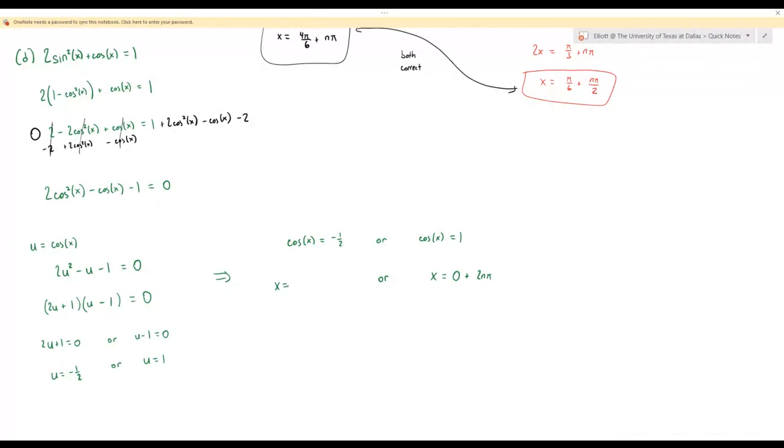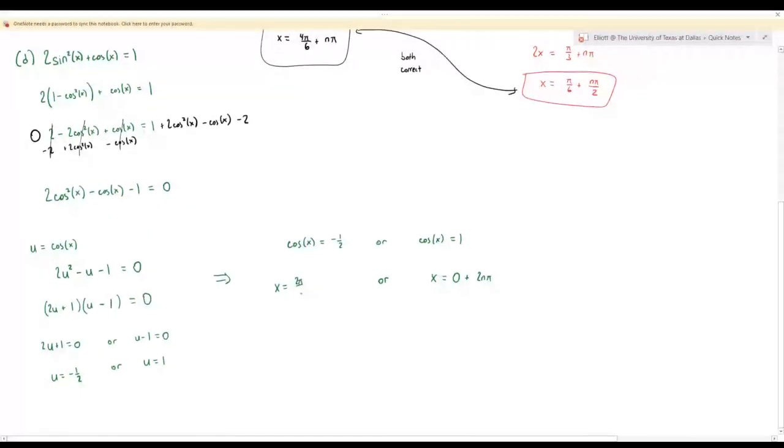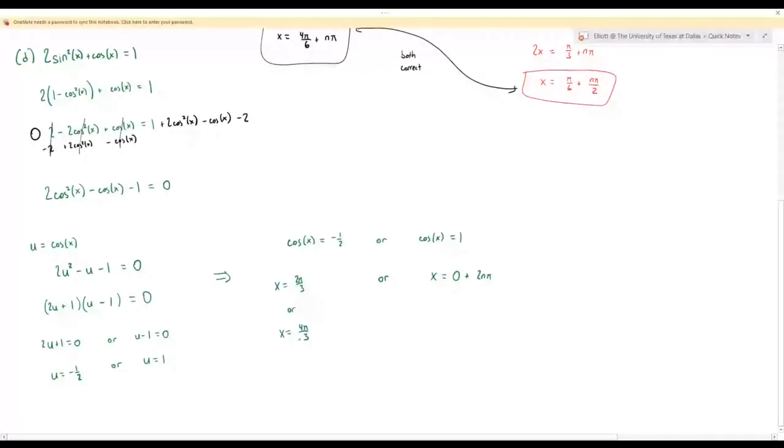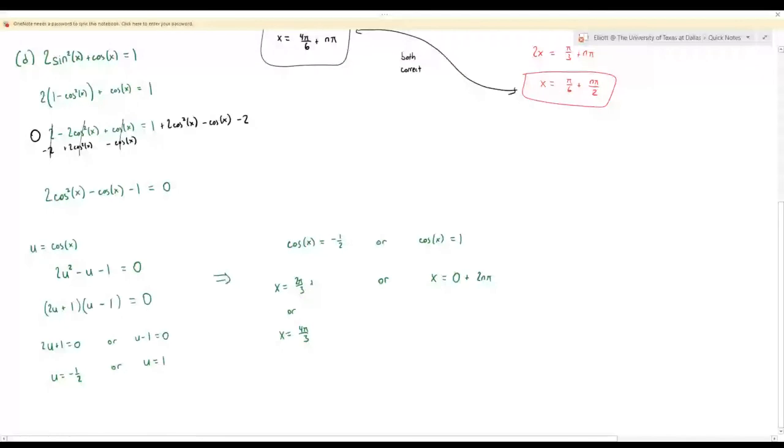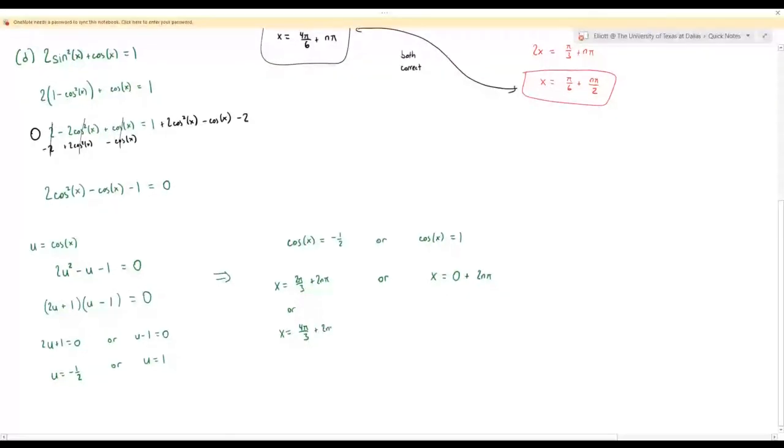So it's the pi over 3 angle, but in the second and third quadrant. So I think that would be 2 pi over 3 and 4 pi over 3. Okay. And then again, I'm going to add 2n pi as well to correspond to going around the circle multiple times.